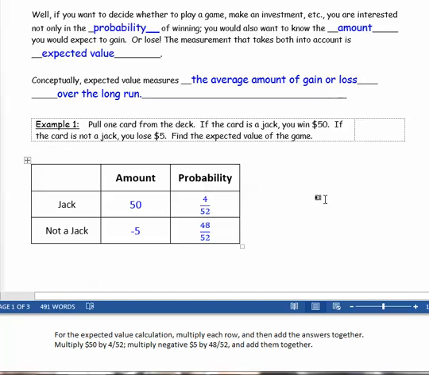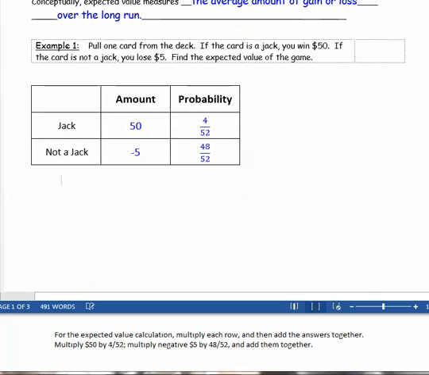For the expected value calculation, multiply each row, then add the answers together. Multiply 50 by 4 out of 52, multiply -5 by 48 out of 52 and add them together.